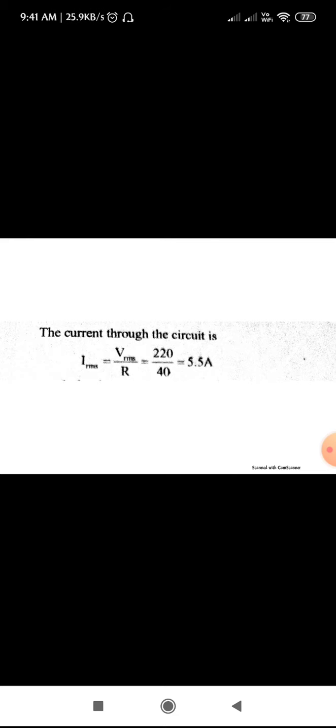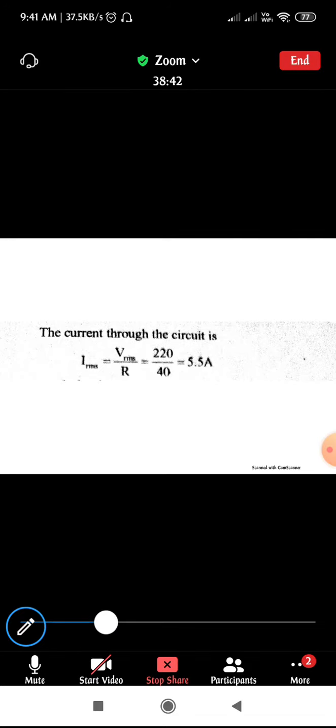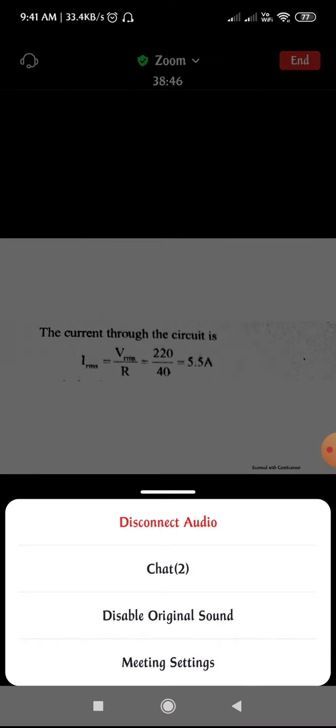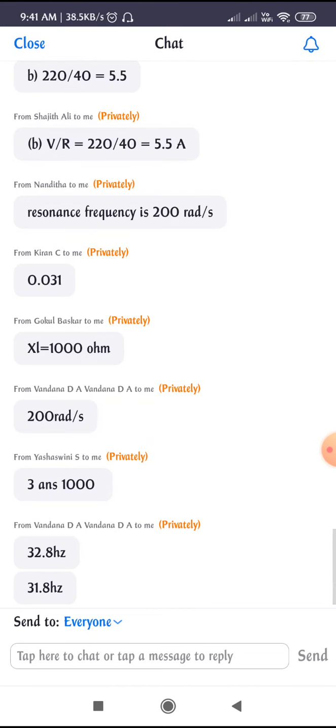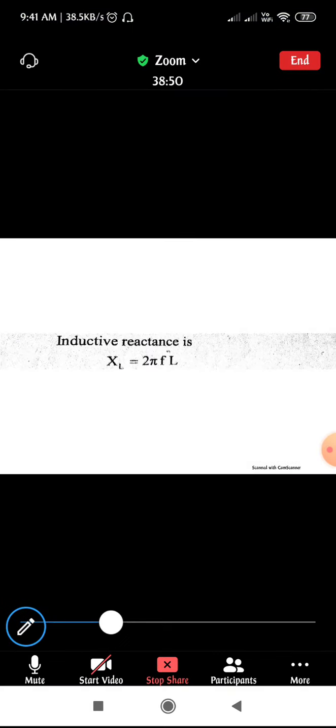You have gone through it many times in the theory part. So just substitute and get the answer. This is the formula for inductive reactance. XL is equal to 2 pi nu L or 2 pi FL.